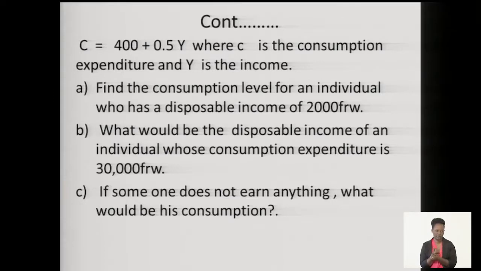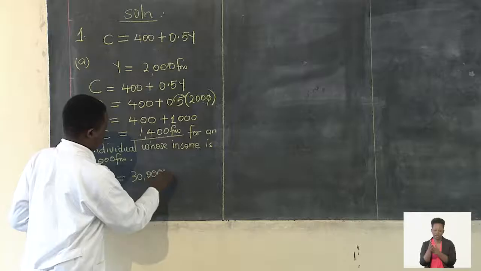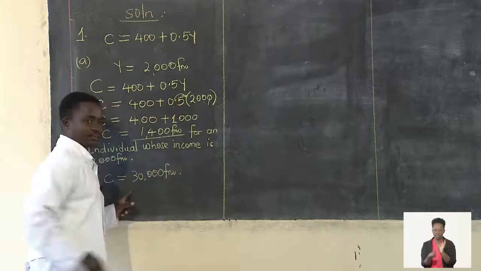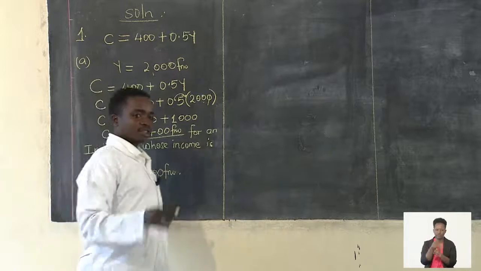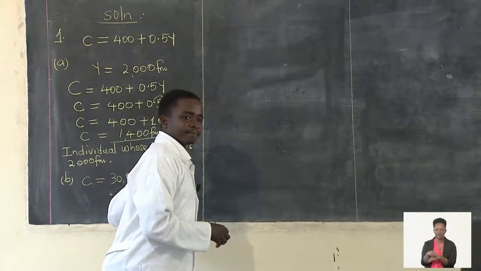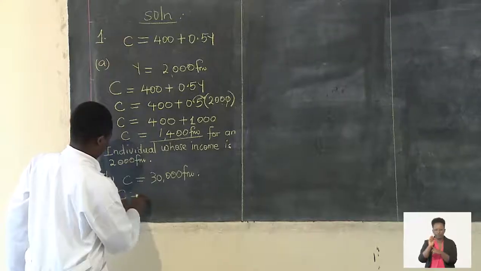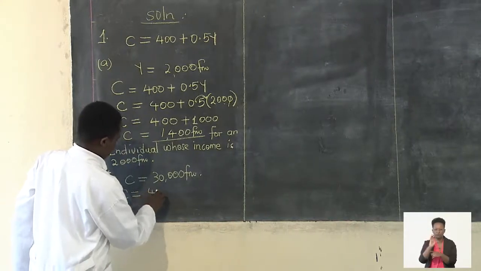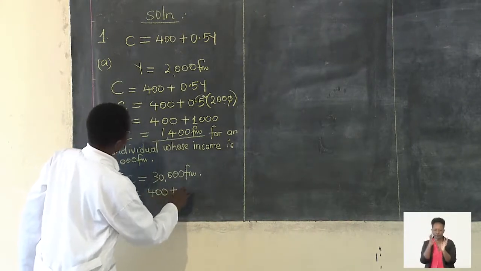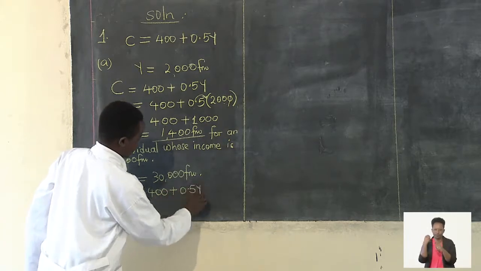Now, in part B, we have been given C, the consumption expenditure, 30,000 Rwandan francs. So they are asking us to find the disposable income. So from this linear equation given to you, where C, consumption expenditure, is 400 plus 0.5 income.